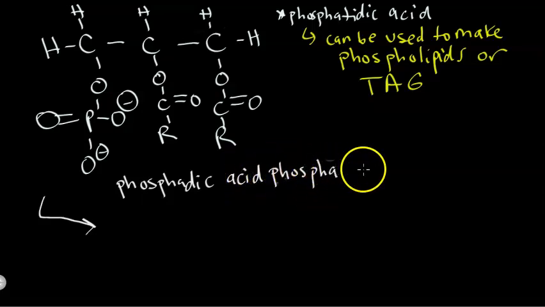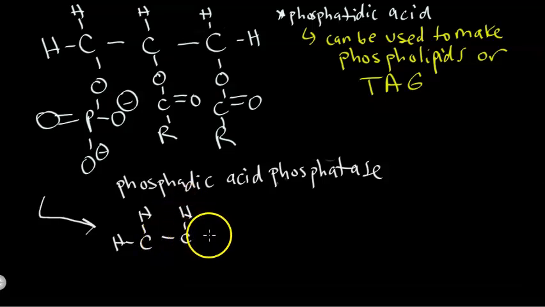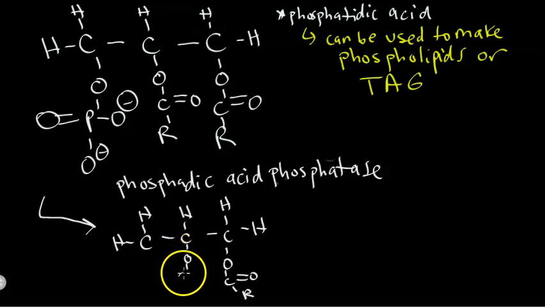And what you're going to get is a product that looks like this. So it's still going to have the two fatty acids attached, but now the phosphate will come off and there's just going to be an OH here.